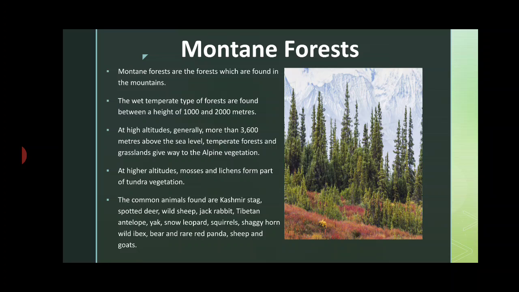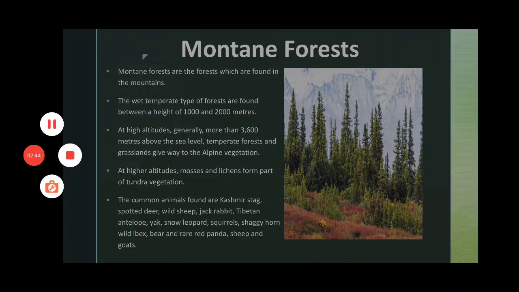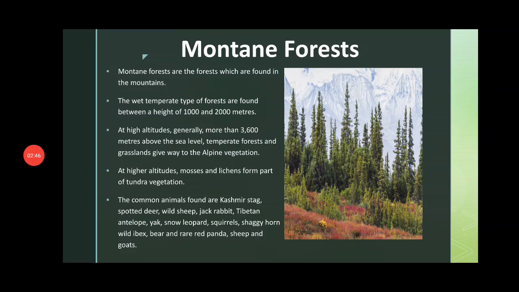At high altitude, generally more than 3600 meters above sea level, temperate forests and grasslands give way to the alpine vegetation. Silver fir, juniper, pines and birches are the common trees of these forests.